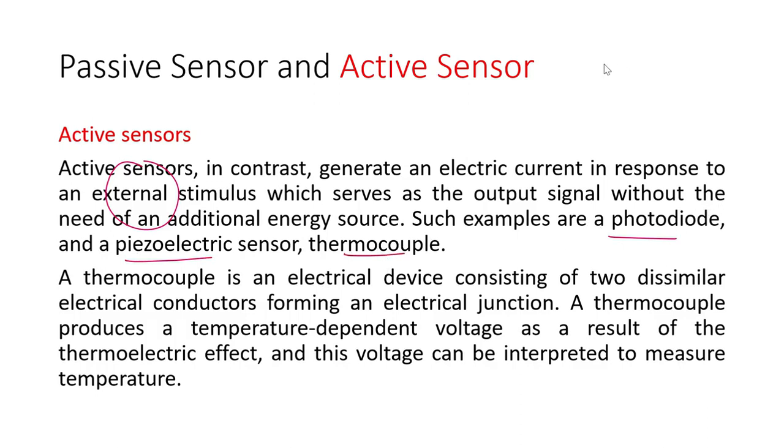In a photodiode, let's say this is our diode, and when light is incident on this diode, it gives voltage on its terminal, and then this voltage can be used. So directly we are converting this energy to this format.